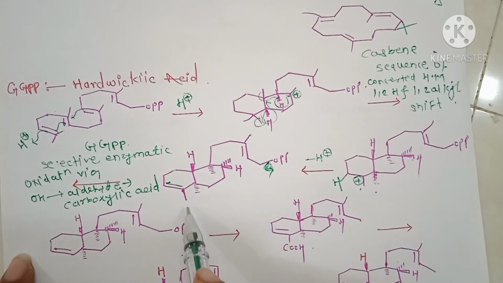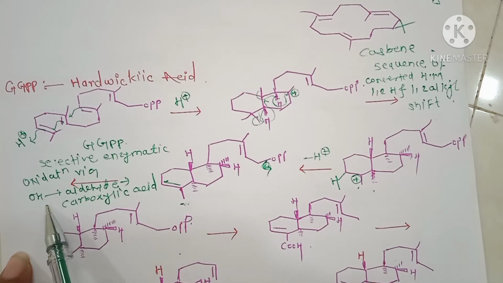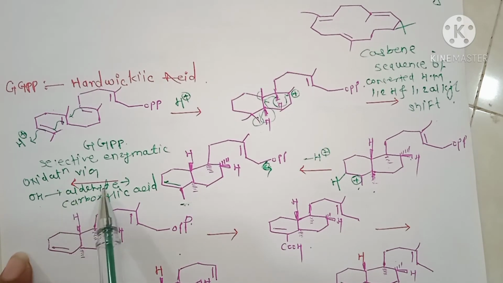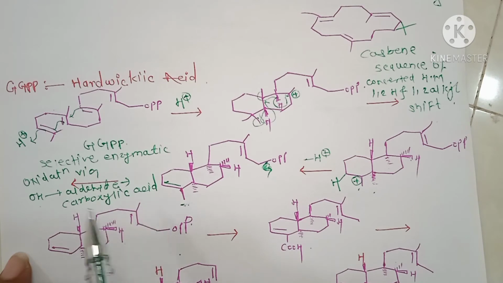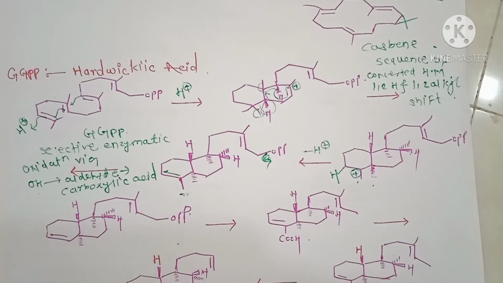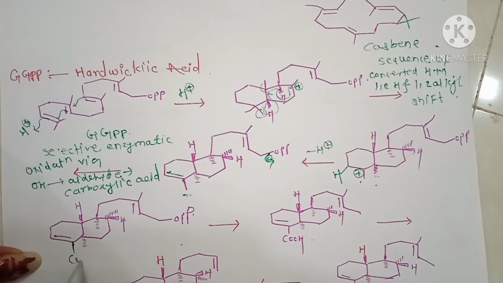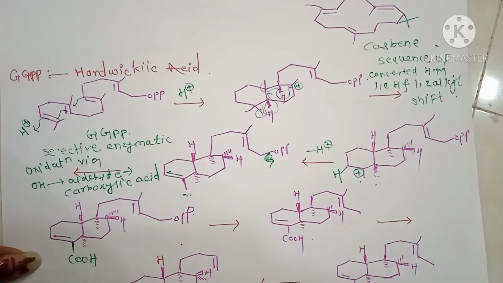Here the oxidation of this methyl group is first converted into OH, then further oxidation converts it into aldehyde, and next carboxylic acid. Okay, and here the formation of COOH.